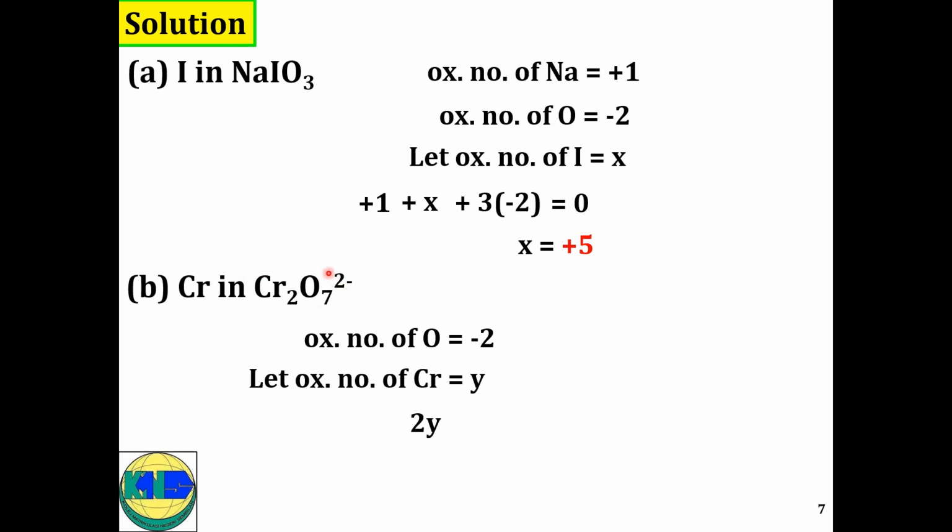Then oxygen, you have 7, so 7 multiplied by negative 2, which equals the total oxidation number of negative 2. So 2Y equals 12, so Y equals positive 6. So the oxidation number of chromium is positive 6. If you don't wish to use X or Y as the unknown, you also can use A or B as the unknown.